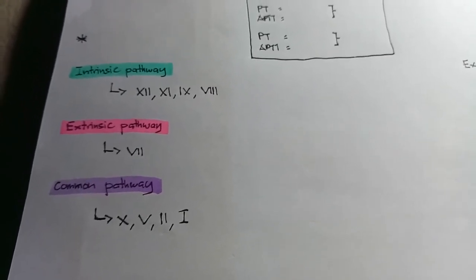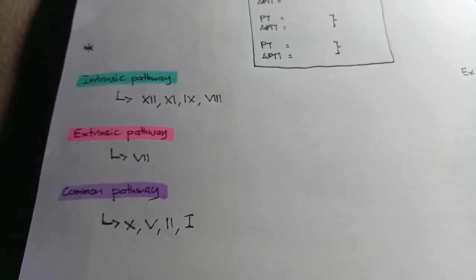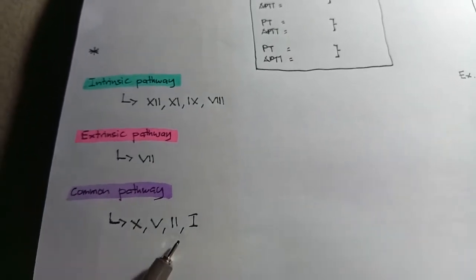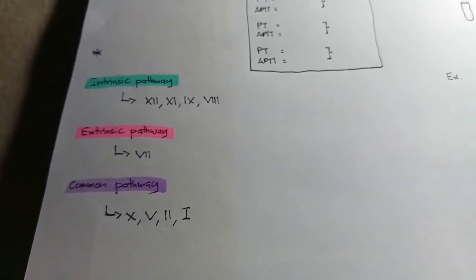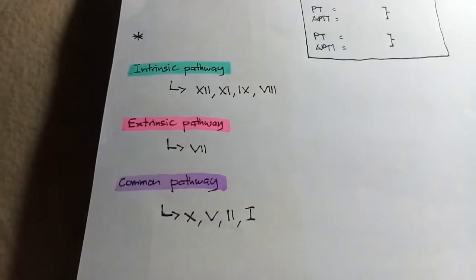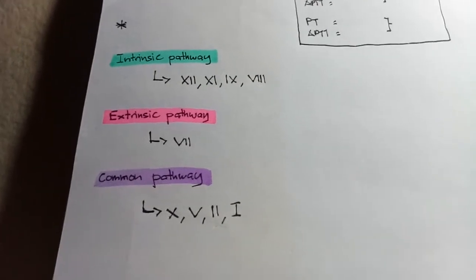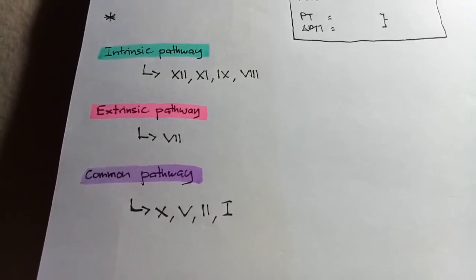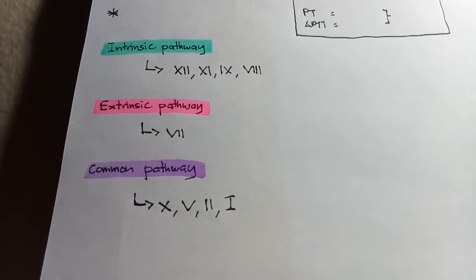Next is the common pathway. The common pathway includes factor 10, factor 5, factor 2, and factor 1. Don't forget which clotting factors belong to each specific pathway.